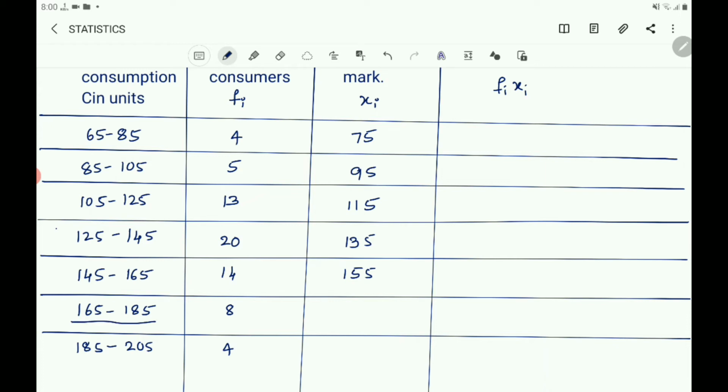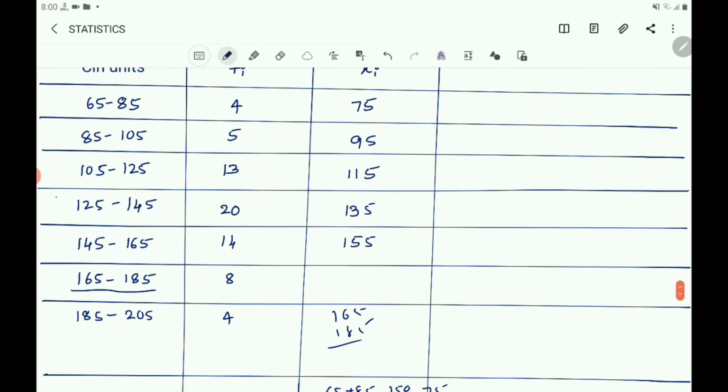It is sum of these two divided by 2. 165 plus 185, you will get 350. That divided by 2, you will get 175.